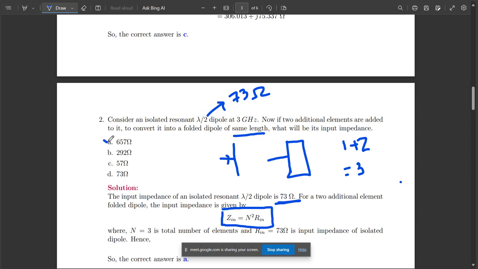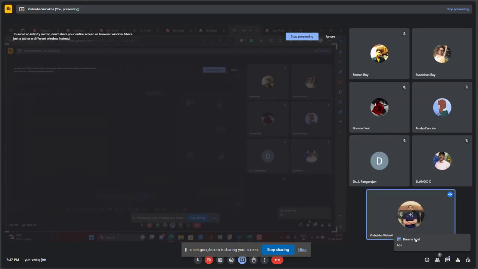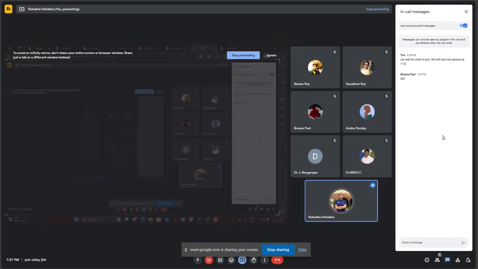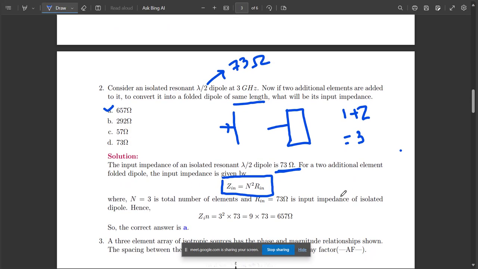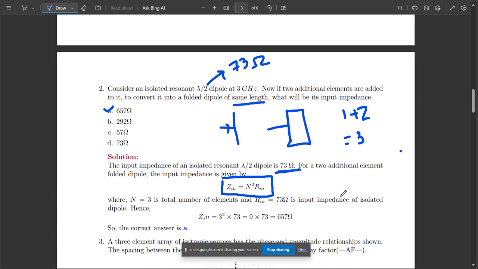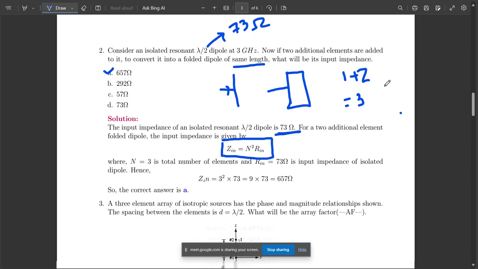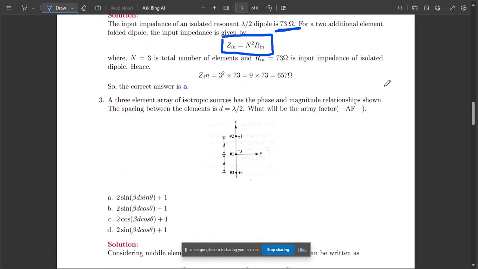Yes, the correct answer is 657. Very good. So all of you were able to solve this question. Any doubt? No doubt here. Okay, so let's go to the next question then.